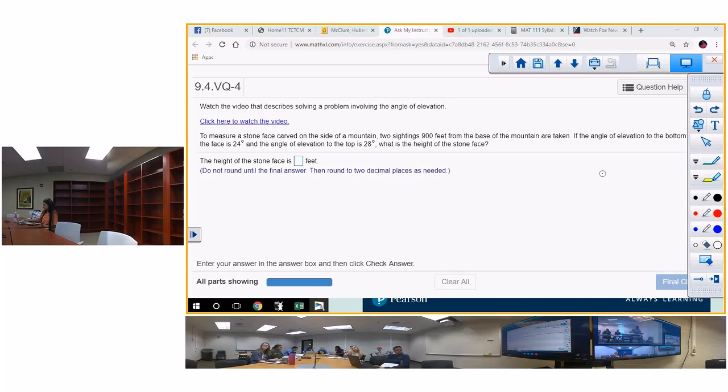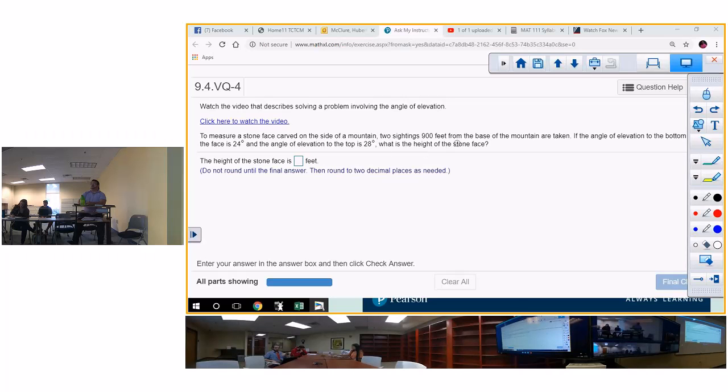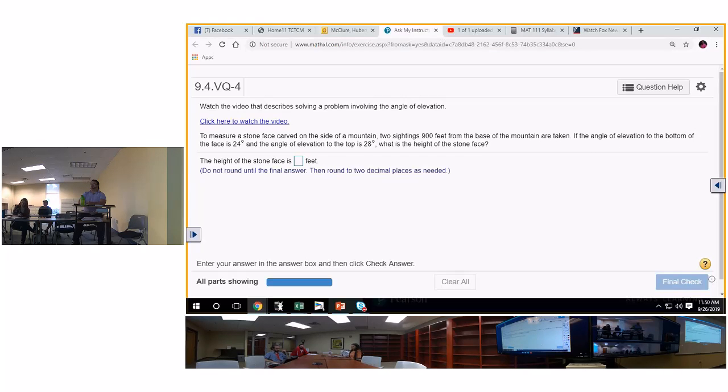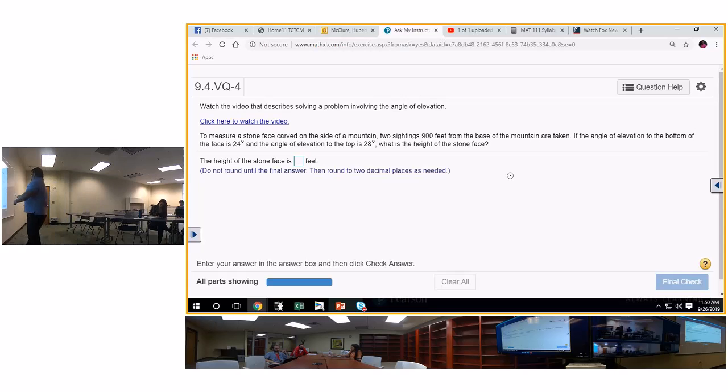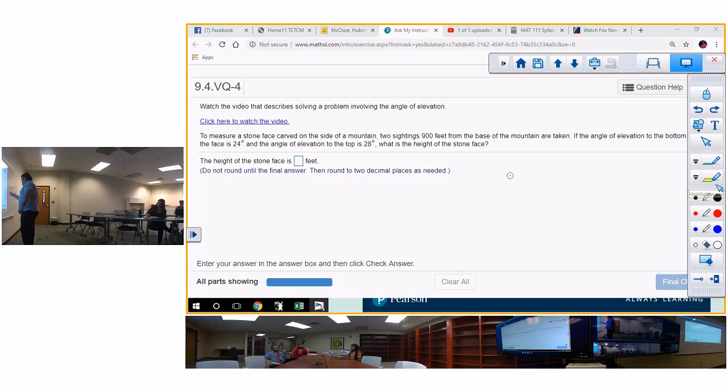So it says 2 sightings 900 feet from the base of the mountain are taken. If the angle of elevation to the bottom of the base is 24 and the angle of elevation to the top is 28, what is the height of the stone face? I don't think we've done one like this, have we?